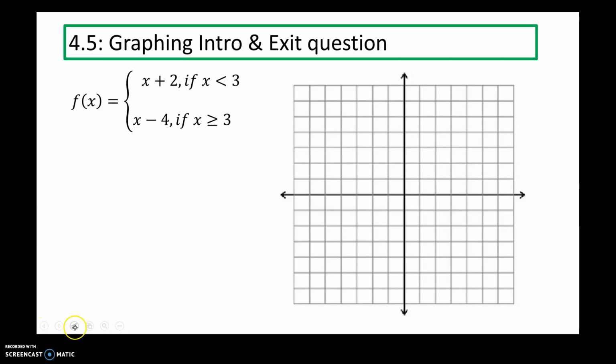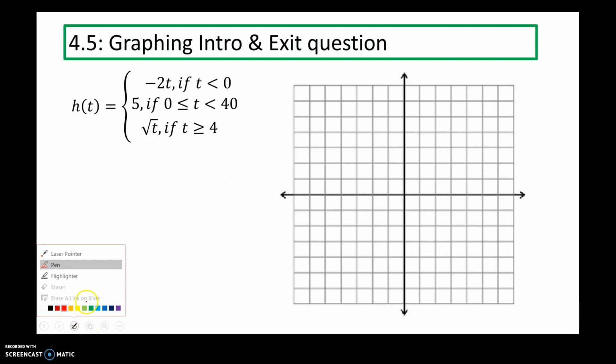And for each one, I would suggest the exact same method that we did. Until you get the hang of it, what are your pieces being graphed? On what domain are you graphing them? And then start by plugging in whatever that domain value is, and be sure to identify if it's going to be an open or a closed circle on the graph.